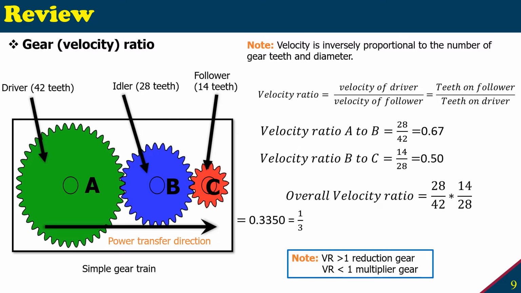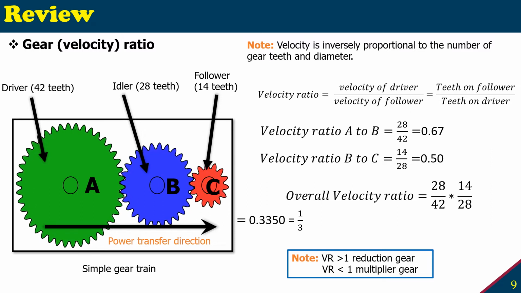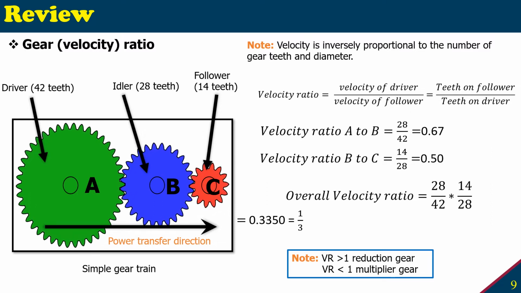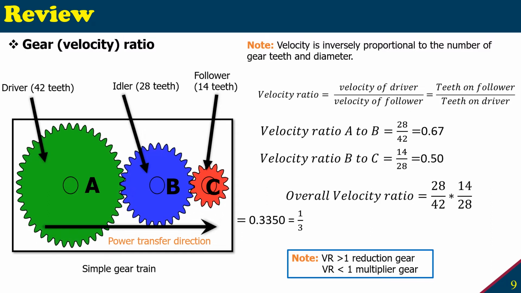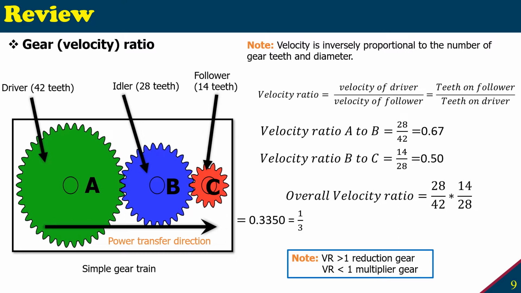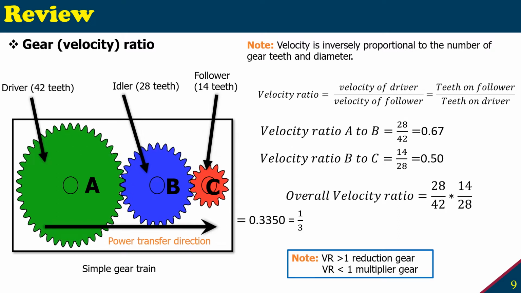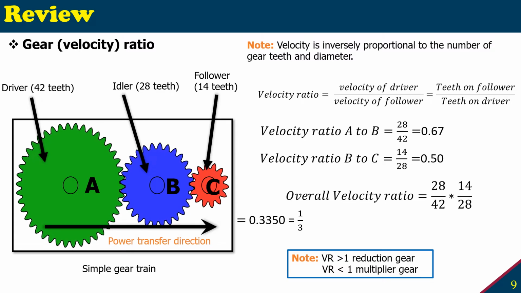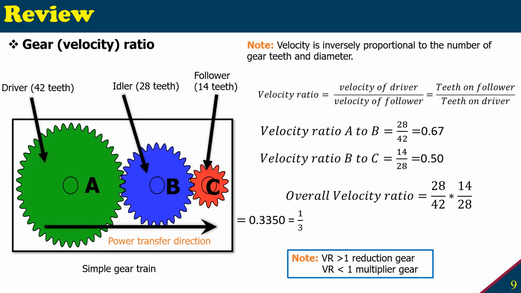So let's find the overall velocity ratio for this simple gear train arrangement. The velocity ratio from A to B is the teeth on the follower over teeth on the driver. So the follower has 28 teeth and the driver has 42 teeth. The ratio is 0.67.